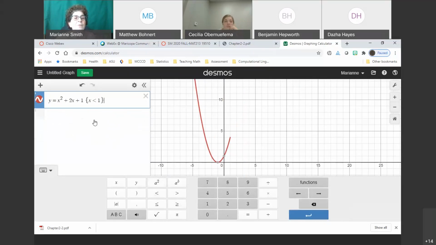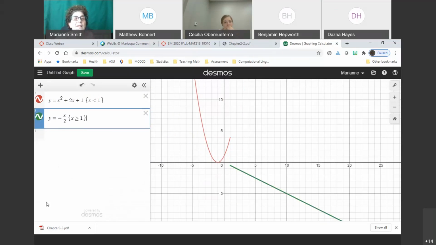Again, if I want to draw the second half of the rule, y is negative x over 2, I want to restrict that to where x is greater than or equal to 1.